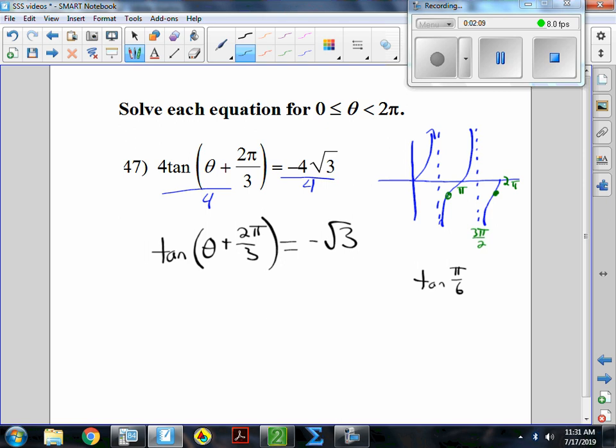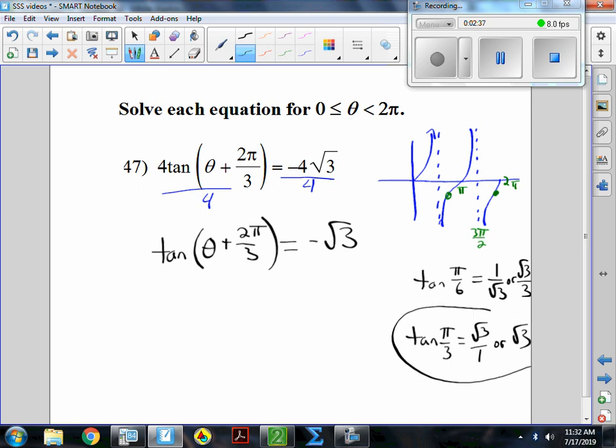So tangent of pi over 6 is going to be 1 over root 3, or square root of 3 over 3, which is not what I want. The tangent of pi over 3 is a 60-degree angle, so in the 30, 60, 90 triangle, that's the middle-sized angle. It's going to be across from the middle-sized side length, which is square root of 3 over 1, or just square root of 3.